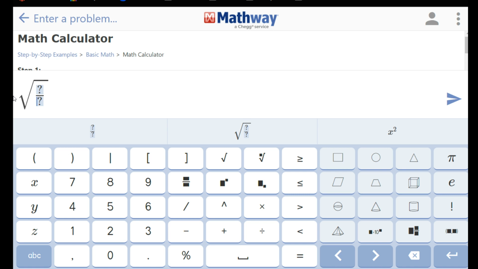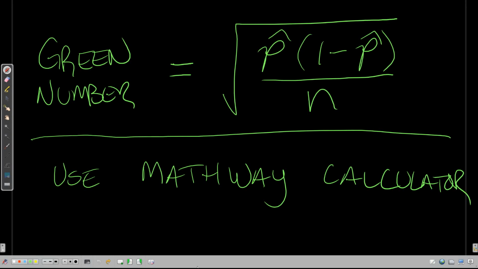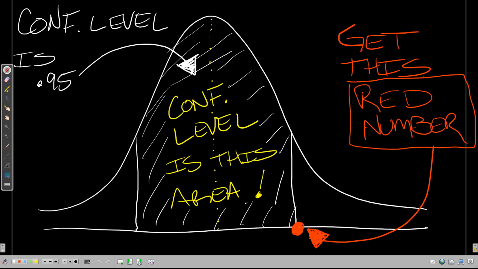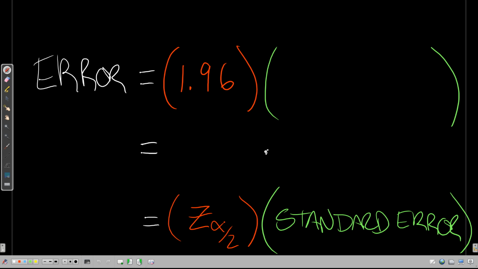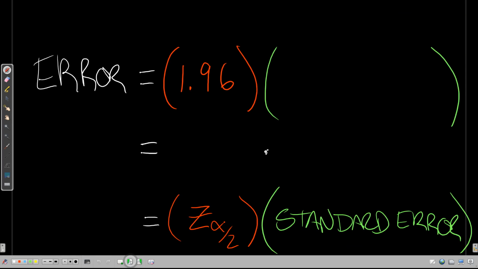And then the number that goes in the bottom is your sample size. And so let me go get what my sample size was. Let's see. I have to refresh my memory. Oh, it was 858. That was our sample size. In fact, let's make a little note. Oh, well, I didn't write it down.